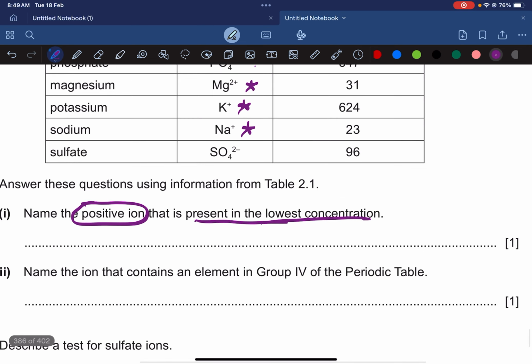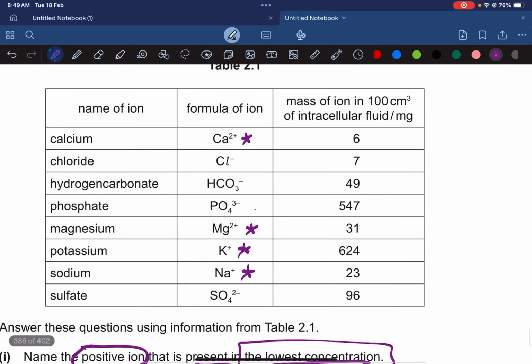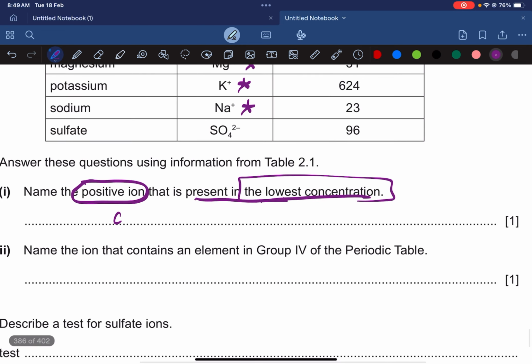Now I have to figure out which is in the lowest concentration. I look at all of their concentrations. I have 6, 31, 6, 24, and 23. So it's basically calcium, which is in the lowest concentration. That's 6. So I'm going to write, it's going to be a calcium ion. Okay, name the ion that contains an element in group IV.